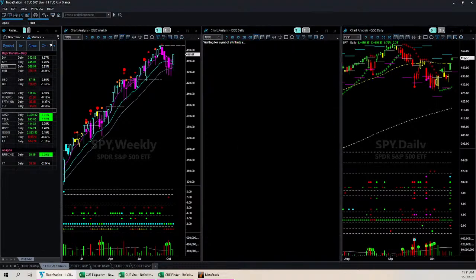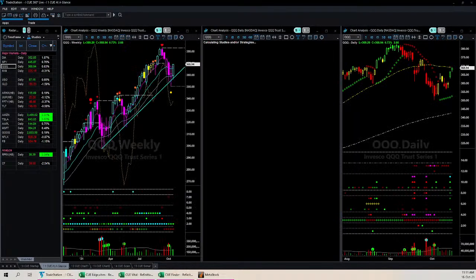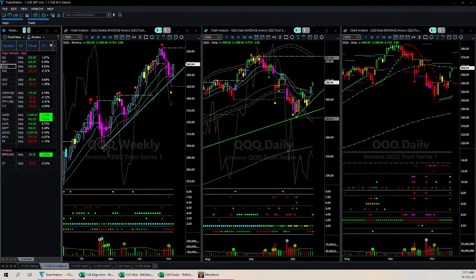What about Nasdaq ETF QQQ? Nasdaq ETF came to the weekly trend line support and went up from there.